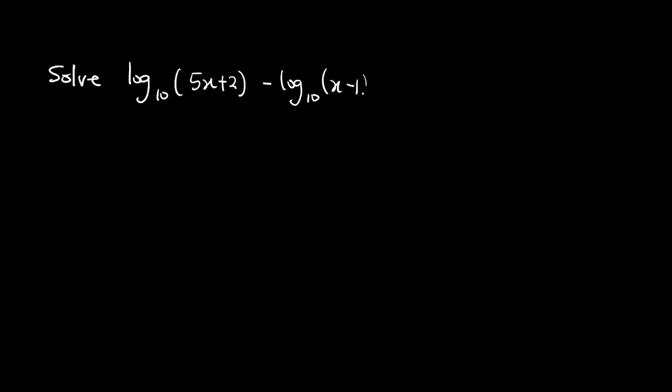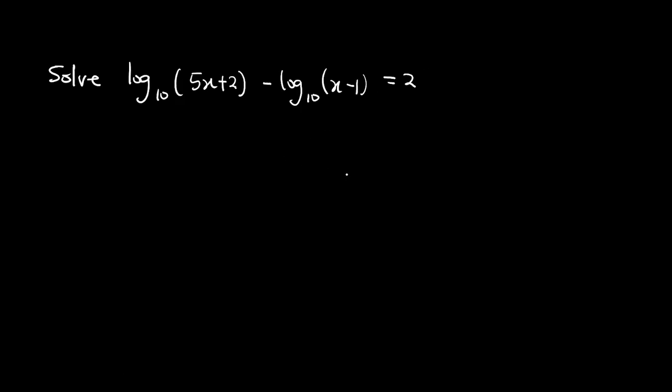So the final problem we have is to solve log base 10 into bracket 5x plus 2, minus log base 10 of x minus 1, and this is equal to 2. This is the expression that we are supposed to solve.